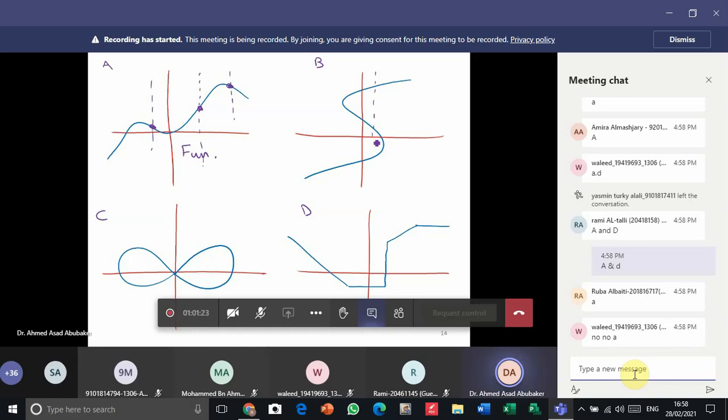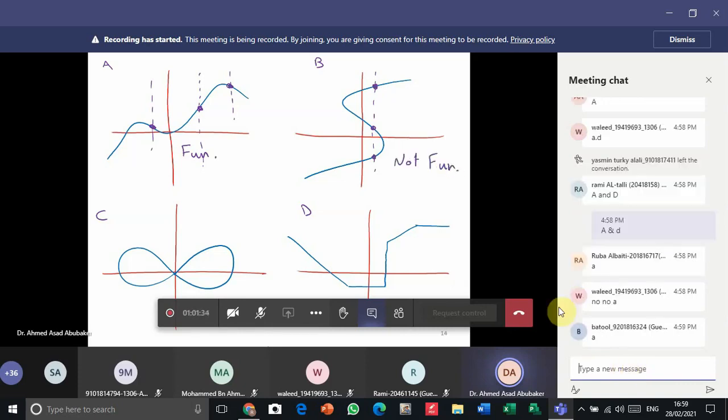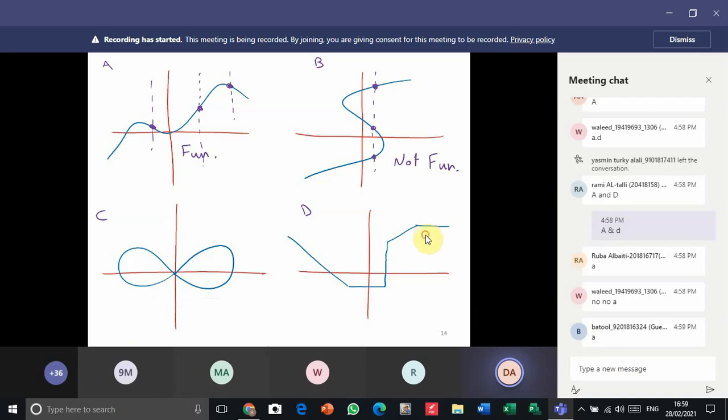Look at the second graph. We have three intersection points between the vertical line and the curve. So this is not a function. Look at C. C is also not a function. Why? We have two intersections between the vertical line and the curve. In D, is this a function or not?